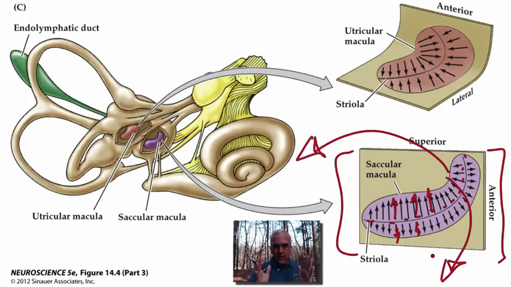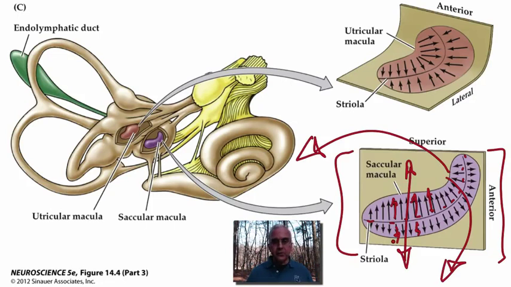Also, the accelerations up and down that we would experience in an elevator would also be expected to be in line with the orientation of activation that we find here in this saccular macula.